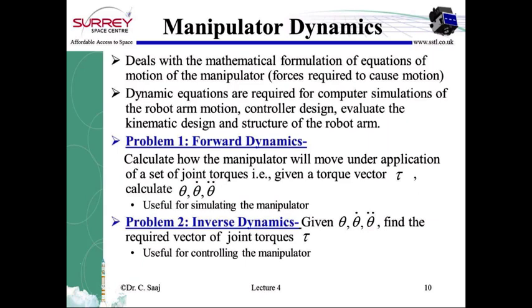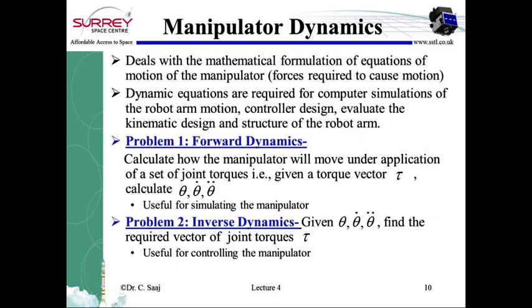That is, we are trying to express what forces or torques cause the motion of the robotic arm. And we use dynamical equations for simulating the behavior of the robotic arm. Dynamical equations are inevitable if you are trying to design a closed loop controller, and we can use them for evaluating the kinematical design as well as for structural analysis.